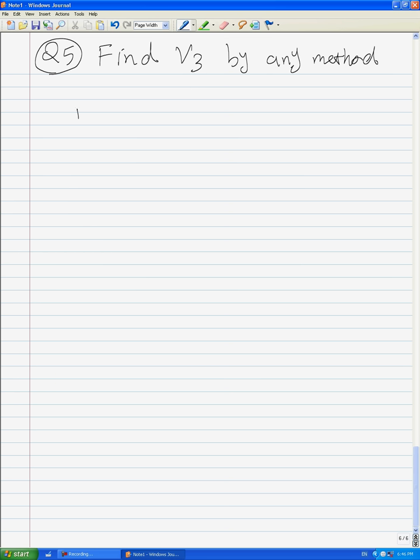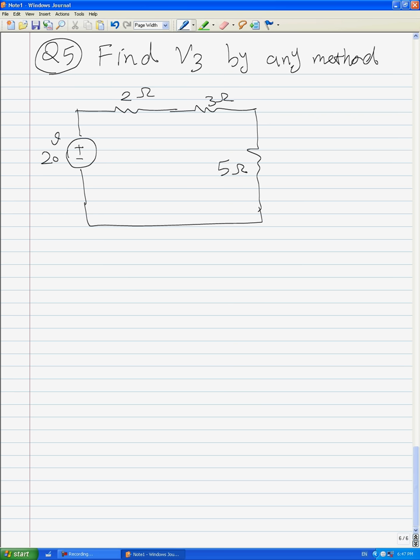The question is like this. We have 20 volts here and 2 ohms here, 3 ohms here, and 5 ohms here, and 2 amps here. The voltage V3 is here.